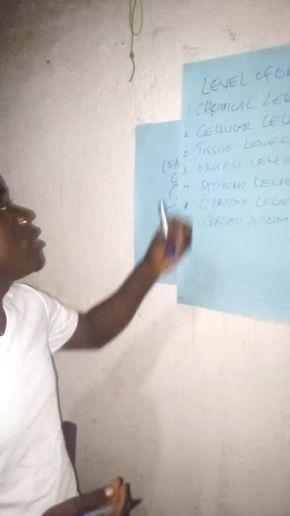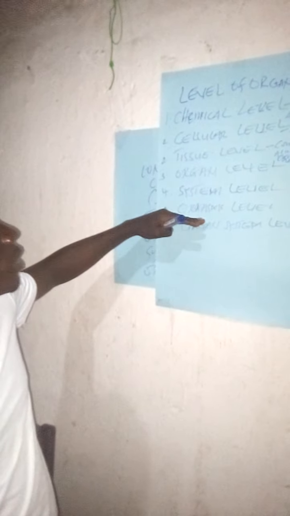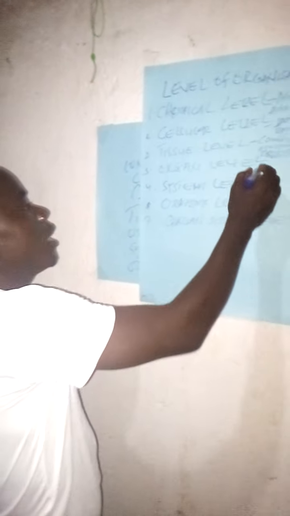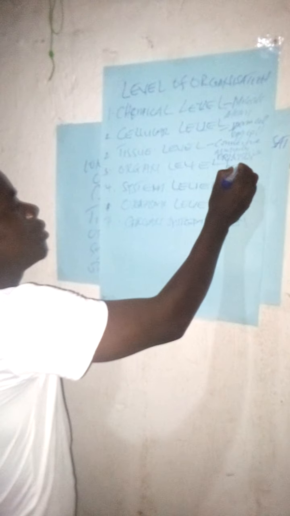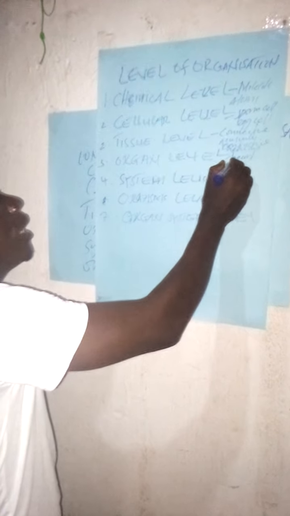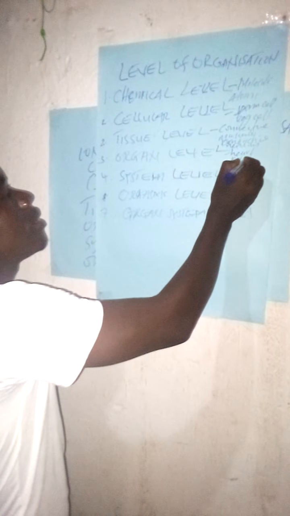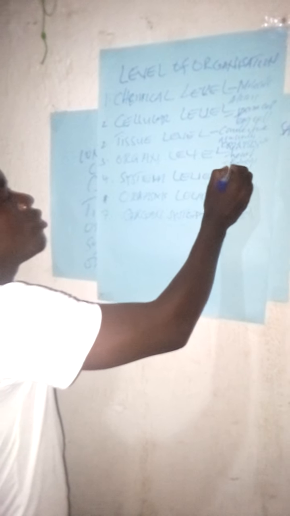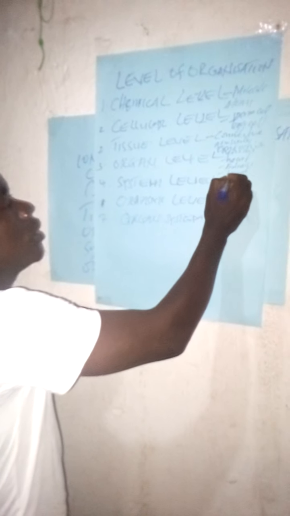The organ is a combination of tissues that make up the organ. These organs include the heart, the kidneys, the lungs, and the liver.